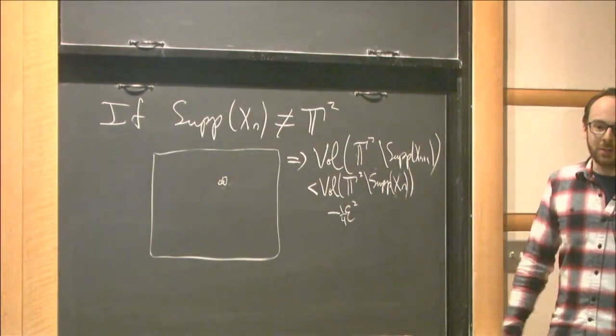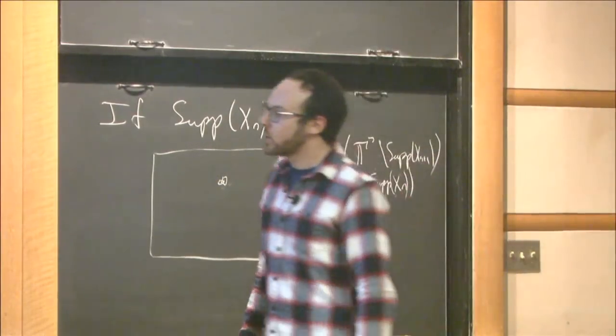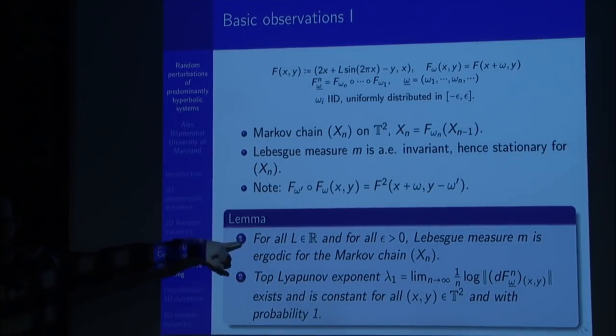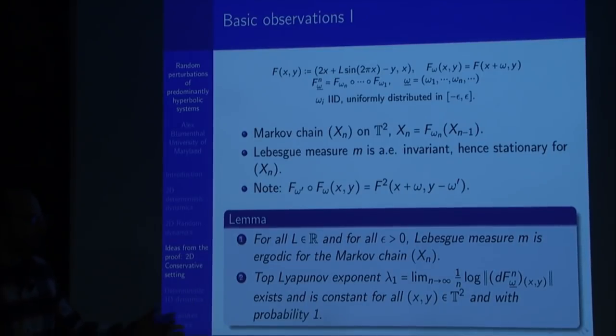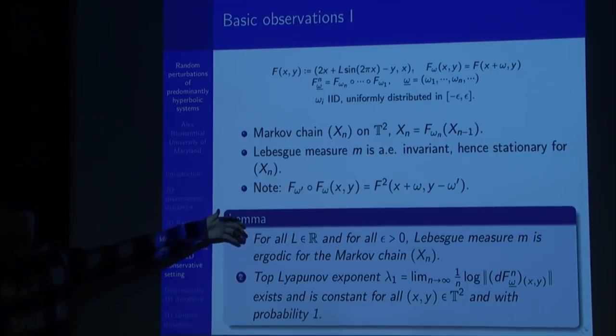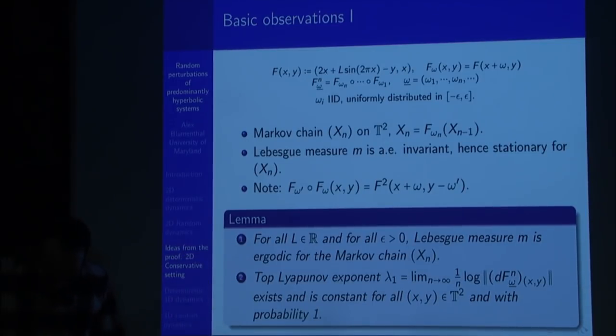And you keep applying this argument. Eventually, you run out of volume. So that's all a bunch of nonsense to say that Lebesgue measure is the unique stationary measure for this Markov chain. In Markov chain language, you say that the Markov chain is ergodic. This is kind of bad terminology because in dynamics, you would call this uniquely ergodic. But I don't really mean uniquely ergodic. I mean that the random system has a unique stationary measure. It's a different thing. Fine.